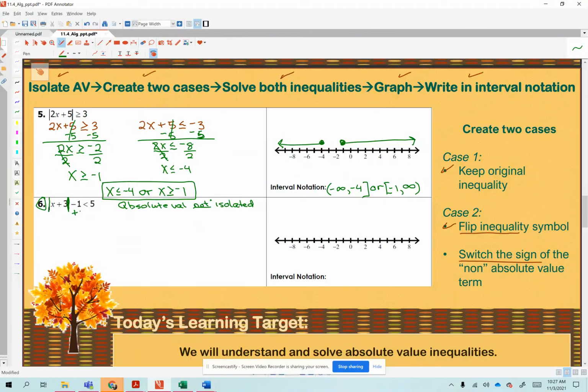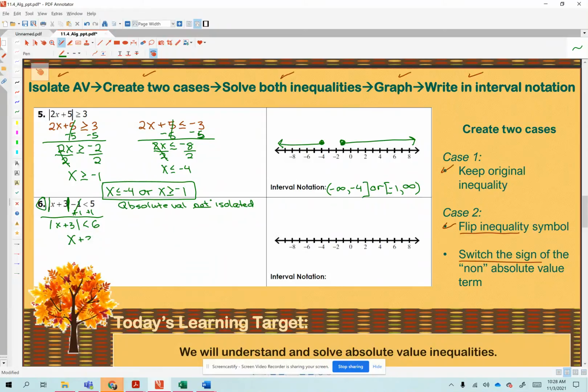So we'll add 1 to each side of this inequality. Whatever we do to one side of an inequality, we must do to the other. So we have the absolute value of x plus 3 is less than 6. Now we can make our two cases.